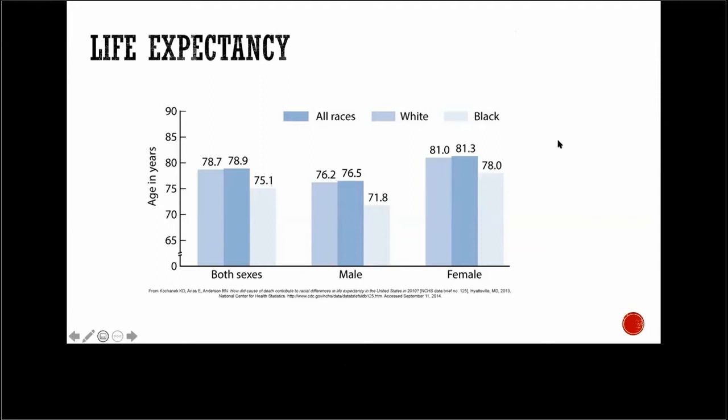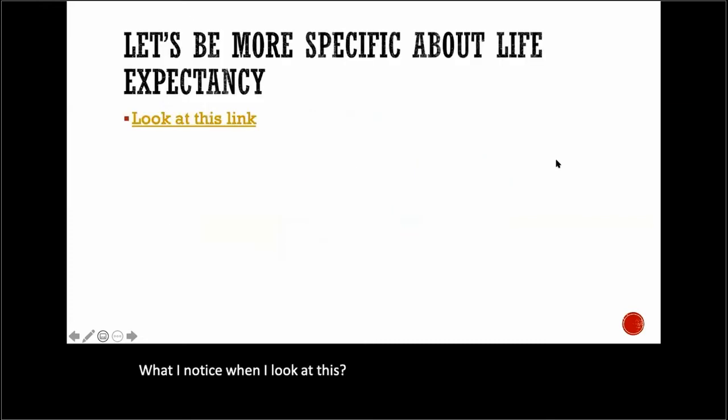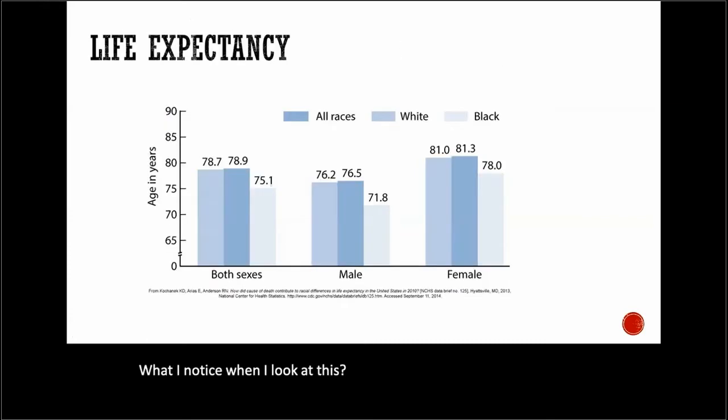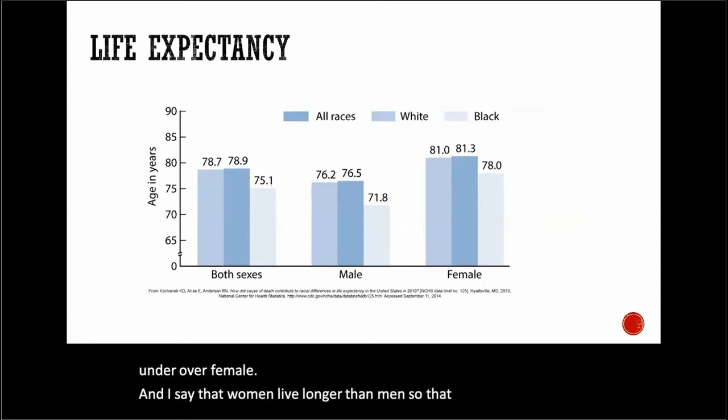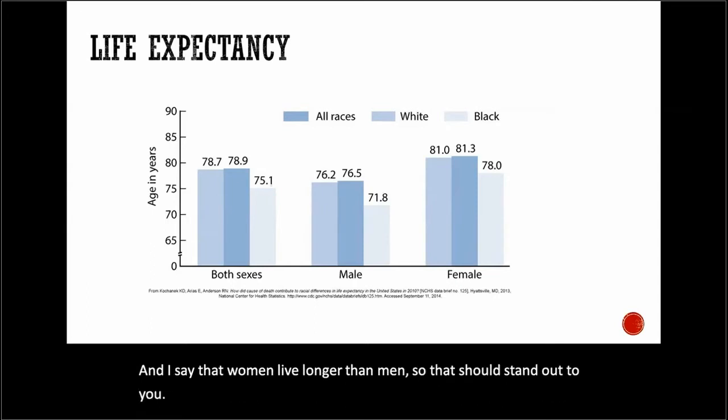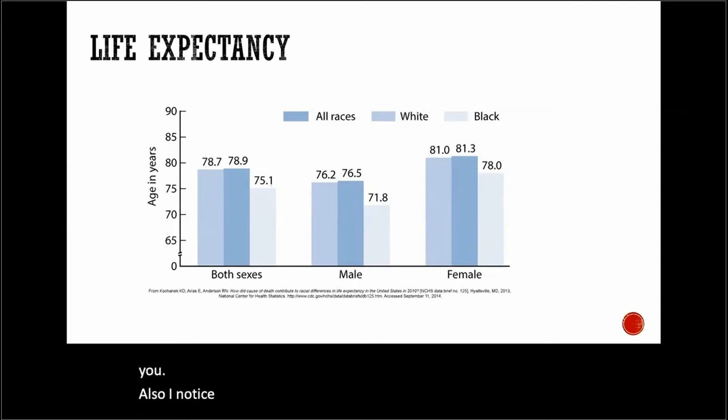What I notice when I look at this is that I look here at the right side over female, and I see that women live longer than men, so that should stand out to you. Also, I notice that it says here that older white females live longer than older black females.